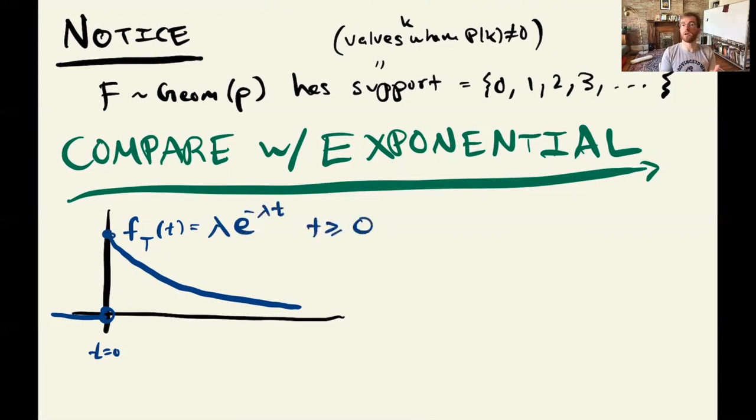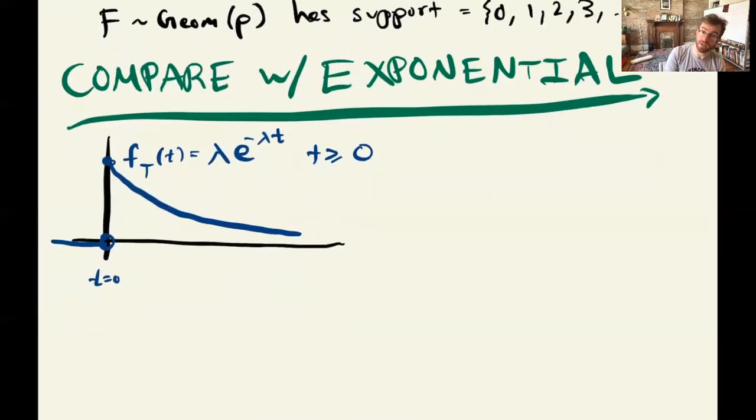So in particular, if you plug in t equals 0, you're going to get something that's non-zero. In particular, you're going to get lambda. Now, remember that this represents probability density, so you need to integrate in order to get probabilities. There's a lot of things that make this formula look similar to what I just wrote down with the geometric p distribution.